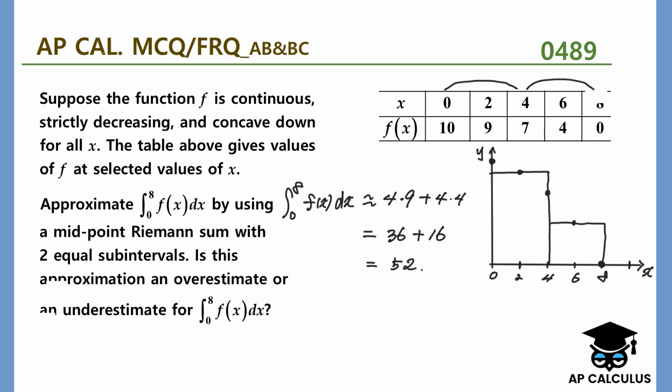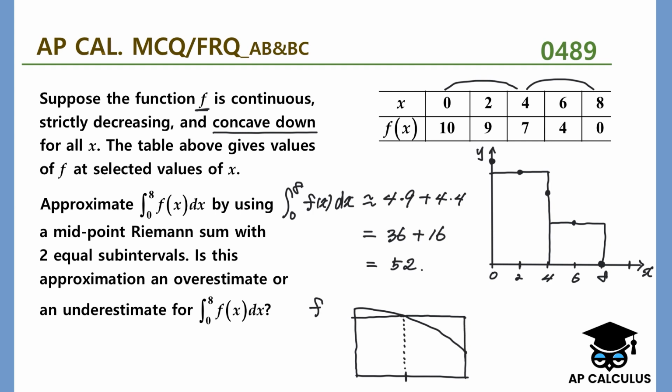Since f is continuous, strictly decreasing, and concave down, then if we use midpoint Riemann sum, that's going to be overestimate, because if a function is concave down, the graph of f looks like that, right? So let's say this is one subinterval. If we use midpoint, let's say this is a midpoint, and if we draw the rectangle right here, this is our approximation, right?